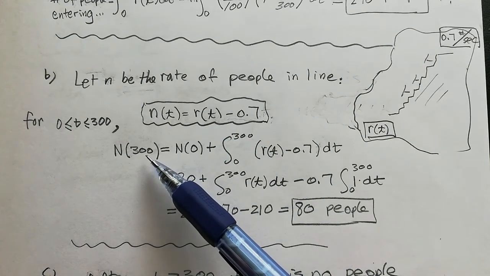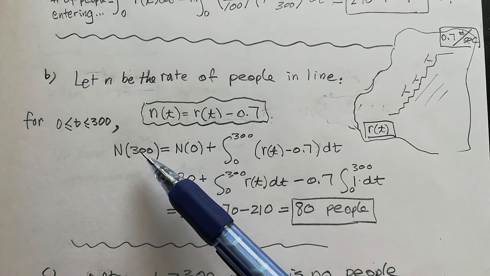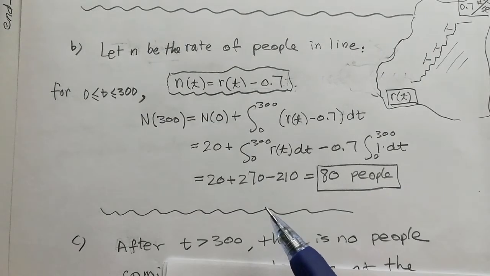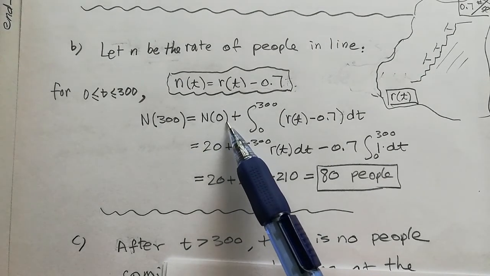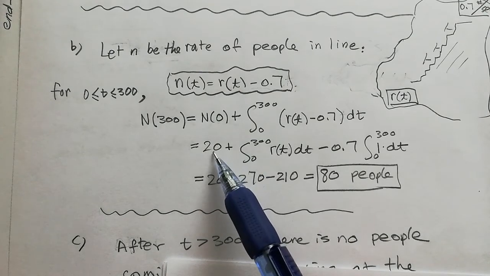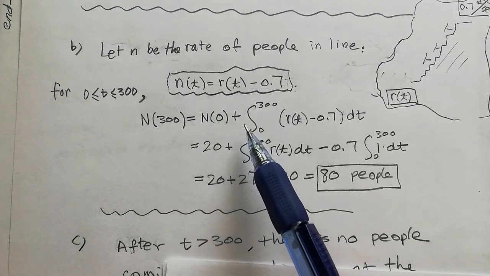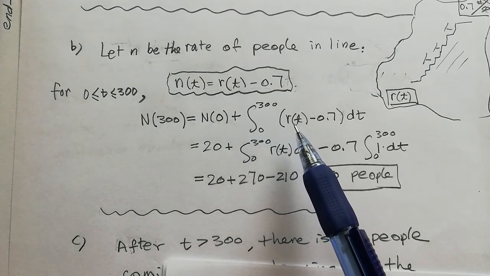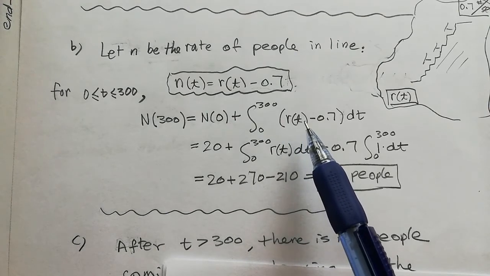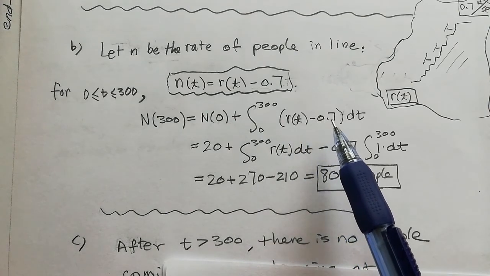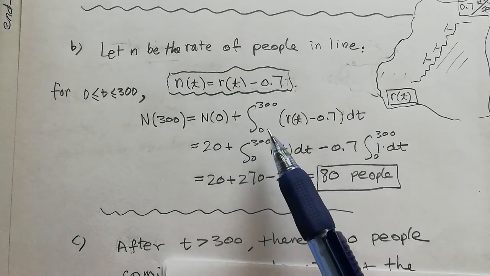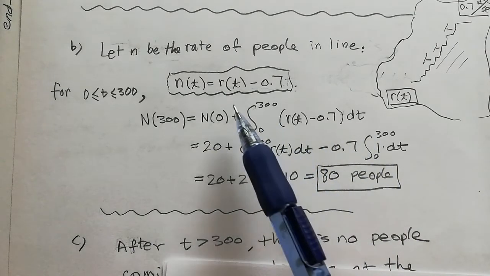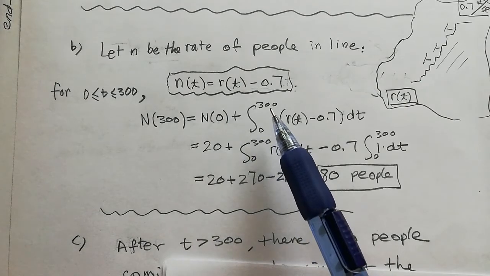And the total number of people in line should be equal to the original people in line, which is 20, plus how many people actually entered the line minus the people leaving the line. So it's the integration of the small n of t from 0 to 300.